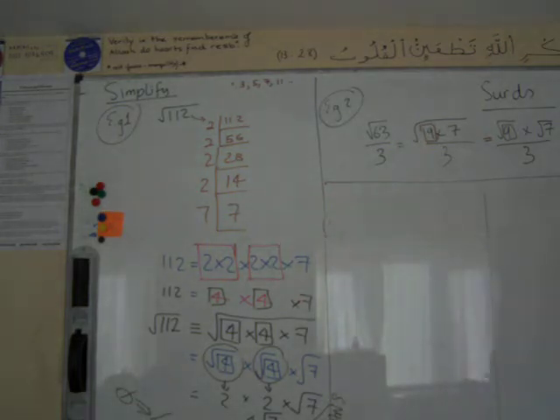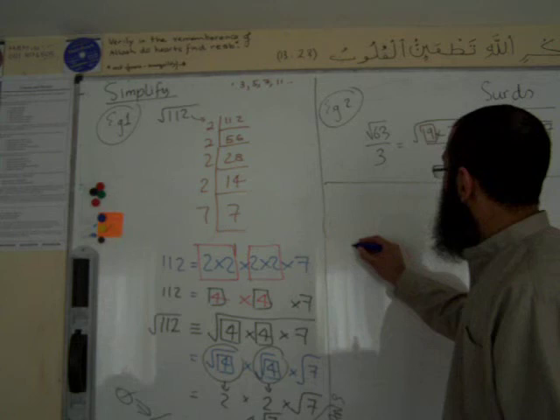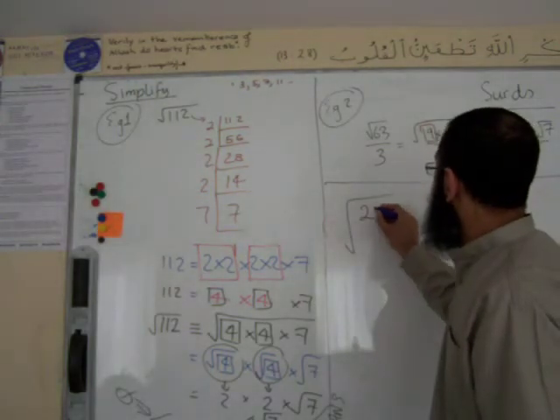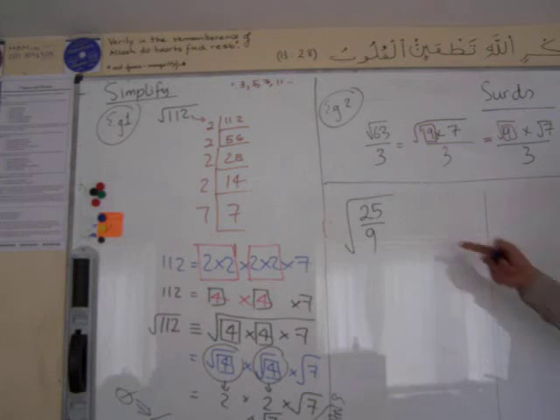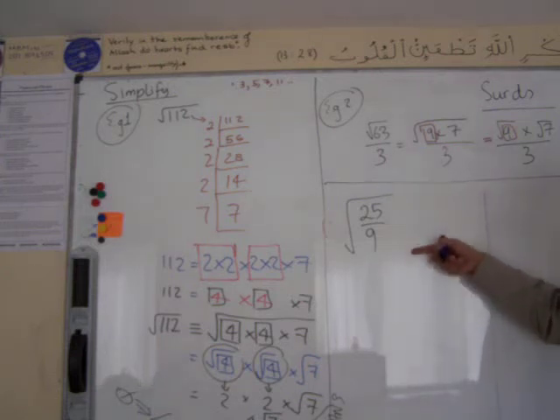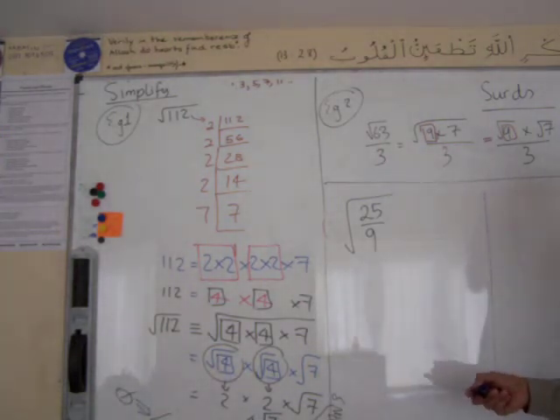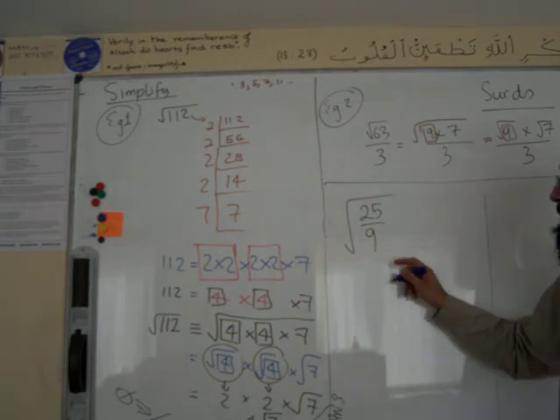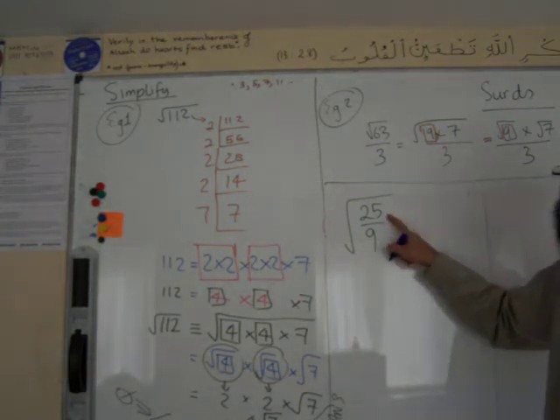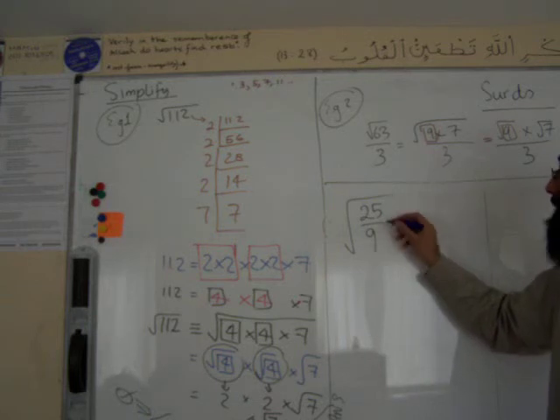Okay. So let's do another question. So this one doesn't involve the quotient part, but this one's a nice straightforward one. So we got the square root of 25 divided by 9. Now 25 straight away is a square number.